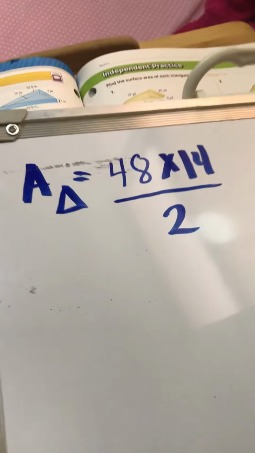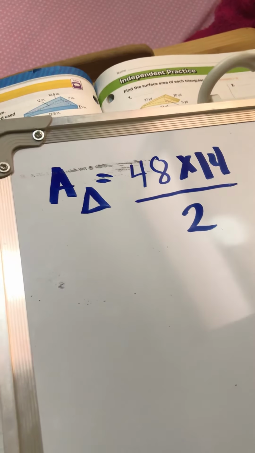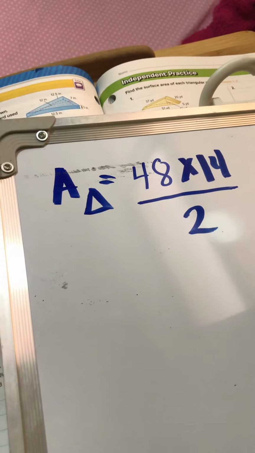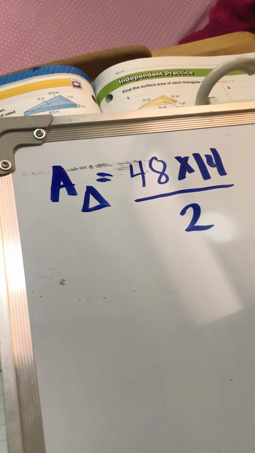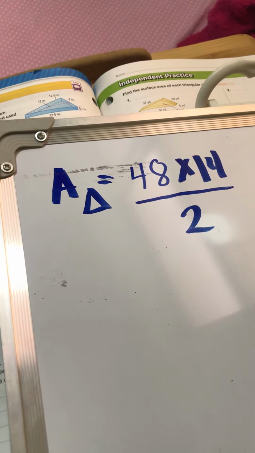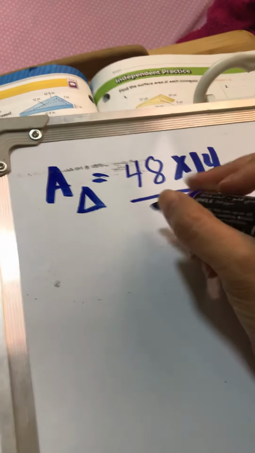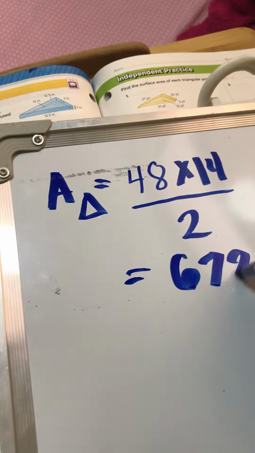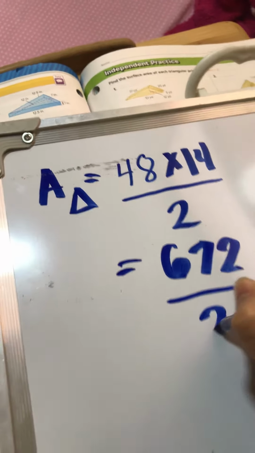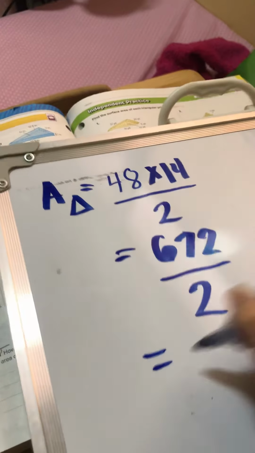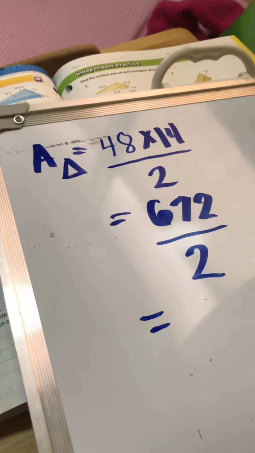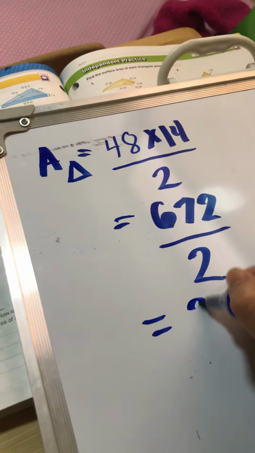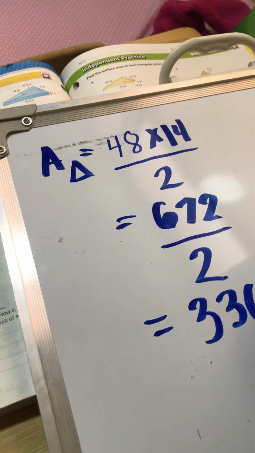So we'll multiply 48 by 14. Please multiply it on your notebook. Done? 48 times 14 will give us 672. Then divide by 2. We got 336.